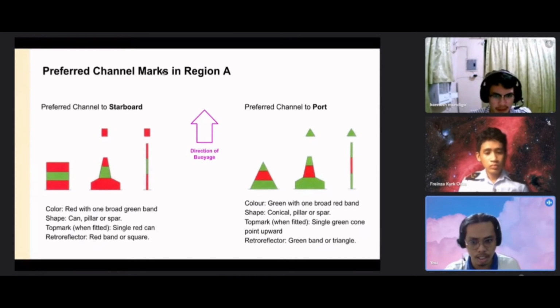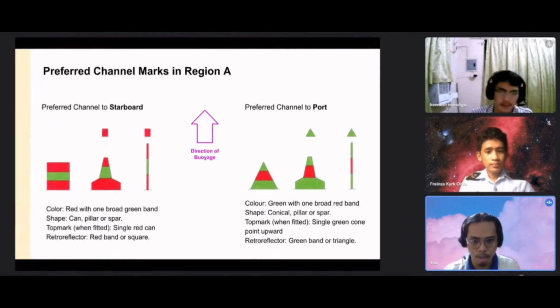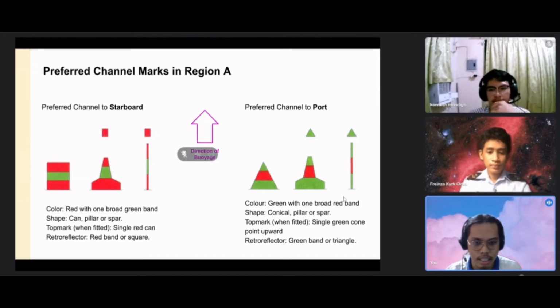Just a little hint: if you find these preferred channel marks confusing, look at the color in the middle and follow where that color indicates. For instance, if it is green on our left-hand side, you head to starboard, and if it is red on our right-hand side, it is preferred that you go to port.